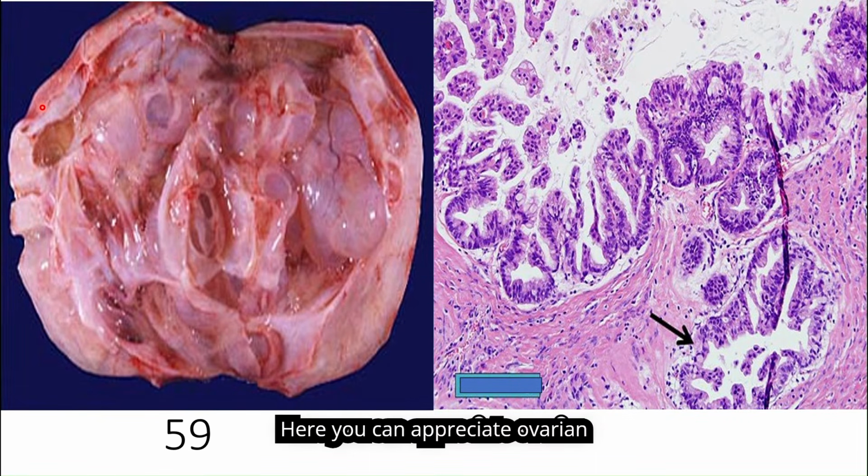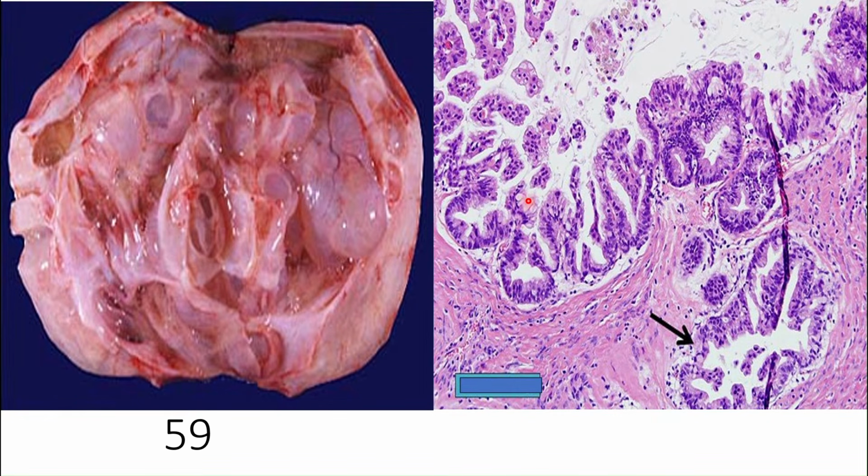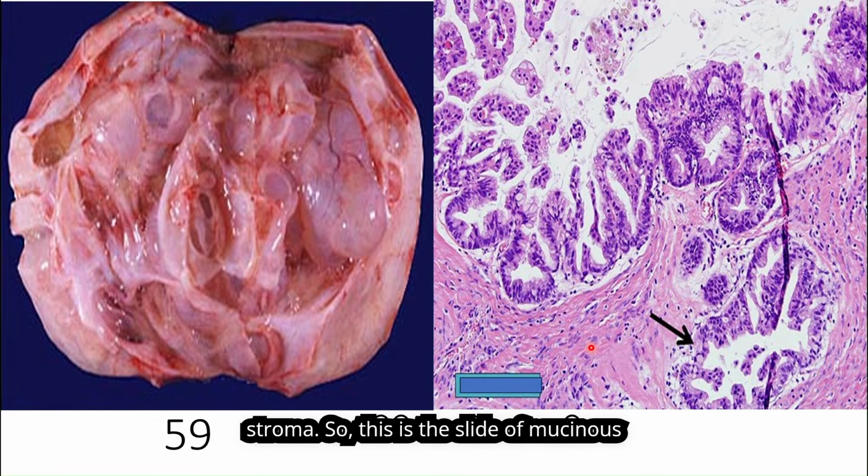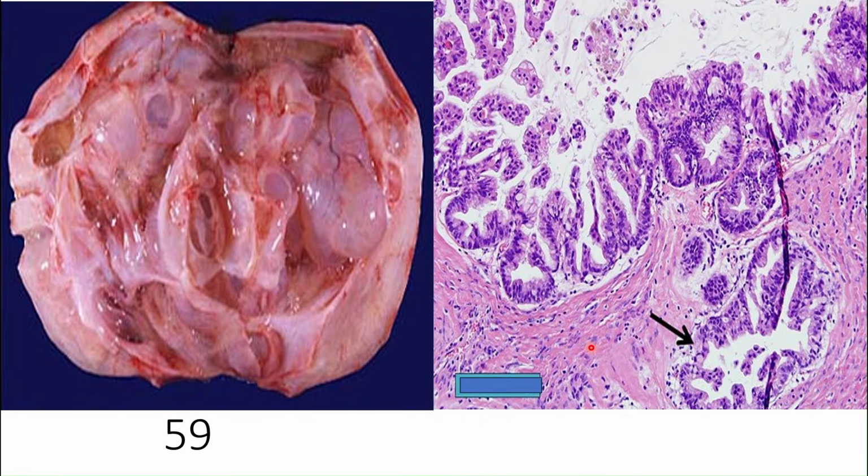Here you can appreciate ovarian cyst with multiple cystic structures and mucinous or mucin filled cyst. This is a multiloculated cyst. So this is mucinous cystadenoma. Here you can appreciate columnar lining which contains mucin filled areas and stroma. So this is the slide of mucinous cystadenoma.